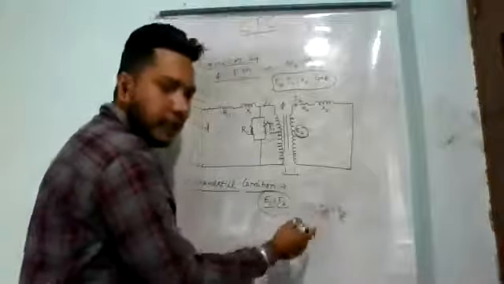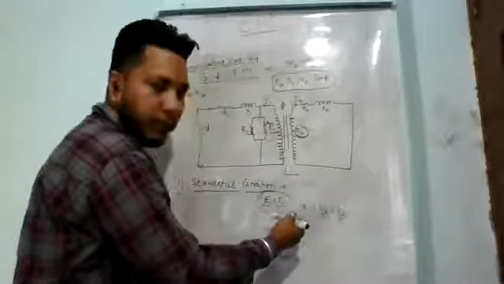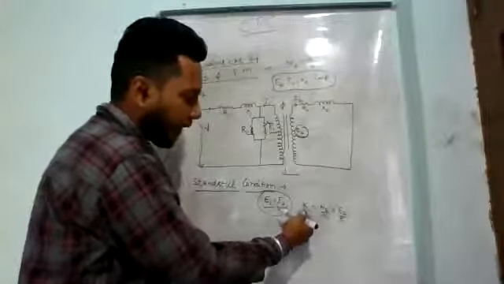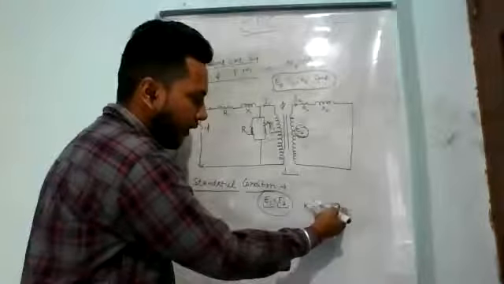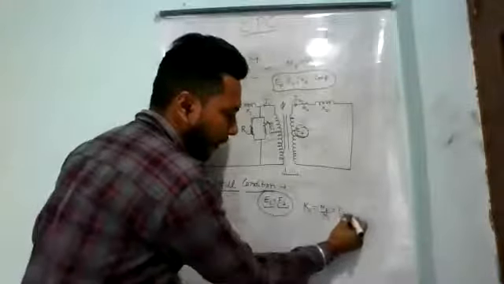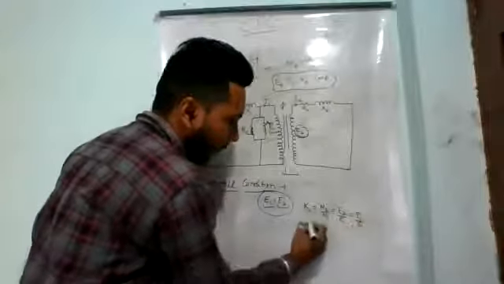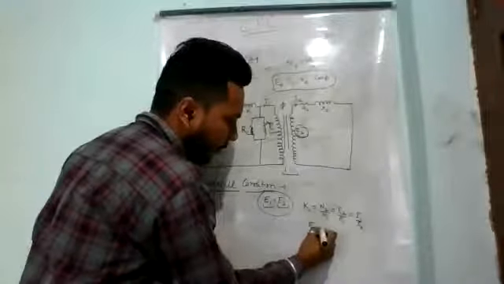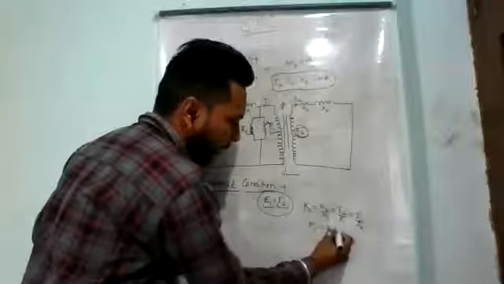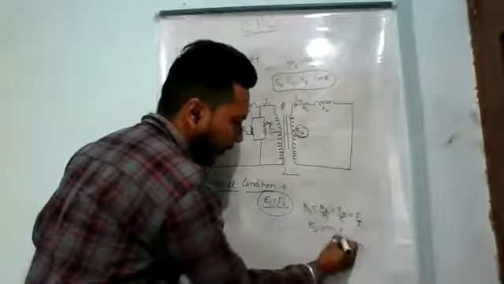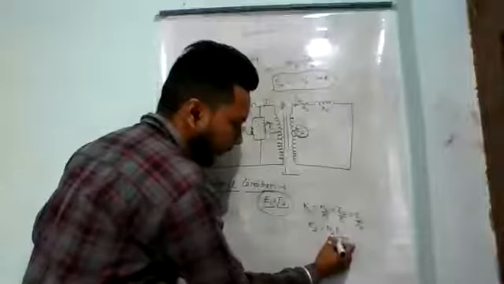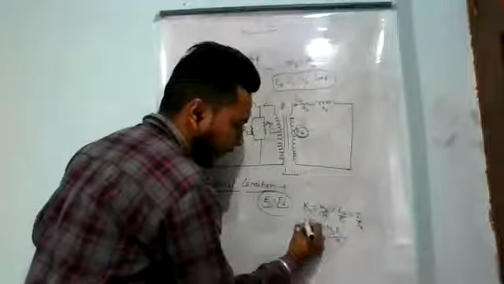This secondary induced EMF can be calculated from the transformation ratio, which is given by K is equal to N2 upon N1 is equal to E2 upon E1 is equal to I1 upon I2. From here we can calculate E2 is equal to N2 into E1 upon N1.